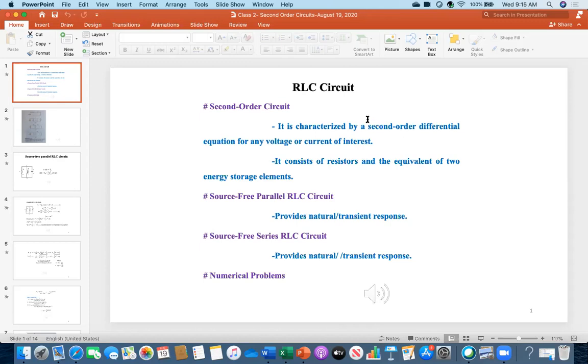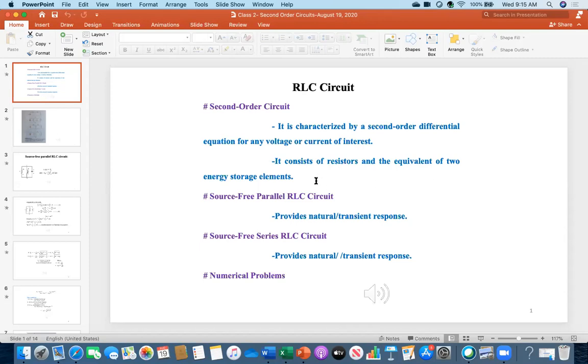But once all three components R, L, and C are present in the circuit, that represents a second order circuit because it involves a second order differential equation for any voltage or current that you want to calculate or find out. Now, I have written here that a second order circuit consists of resistors and the equivalent of two energy storage elements.